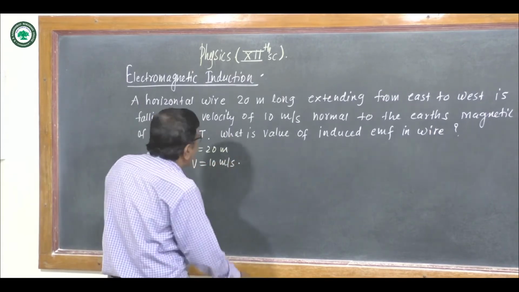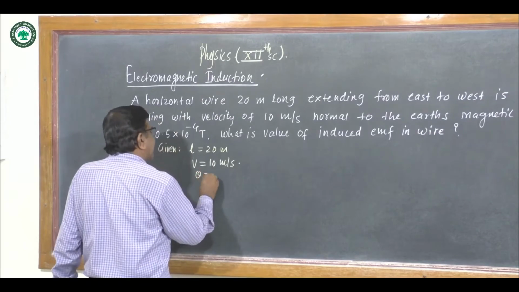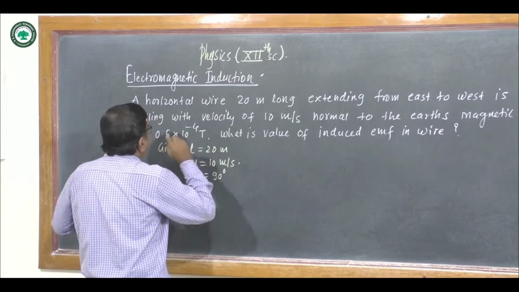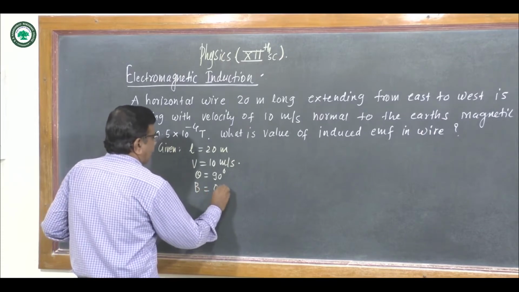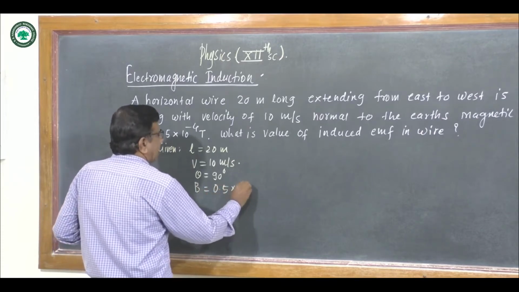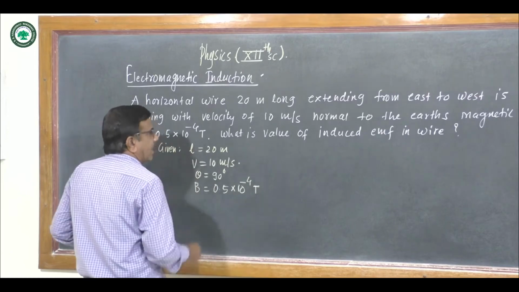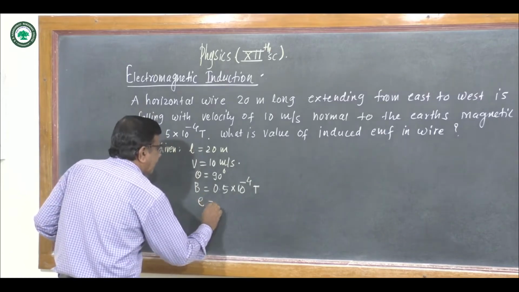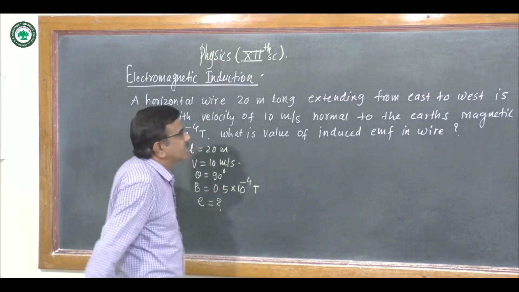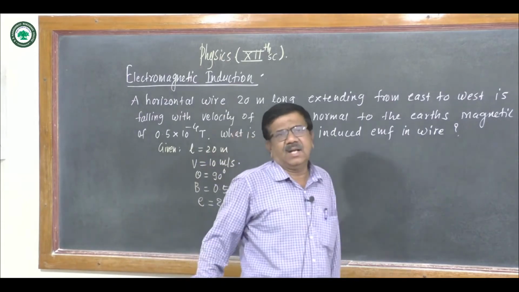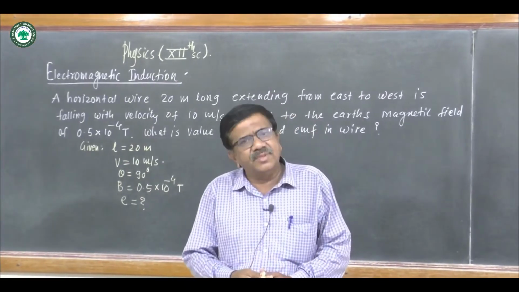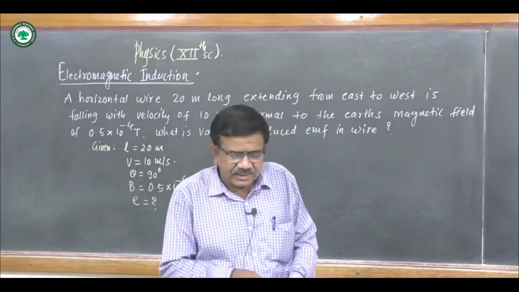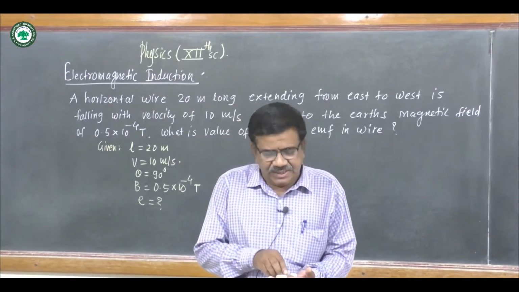Normal to the Earth's magnetic field means that theta is 90 degree, and induction B is 0.5 into 10 raised to minus 4 Tesla, and we have to find EMF induced. Such a problem carries 2 marks, half mark for the correct formula, half mark for the substitution of the values, and 1 mark for the correct answer with unit.